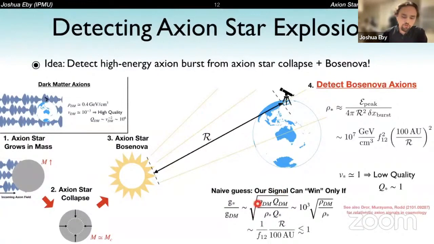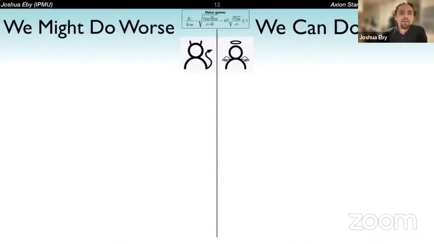So this is the square root of the ratio of energy densities times the ratio of Q factors, which is, by the way, the scaling found by Hitoshi Murayama and his group looking for relativistic axions from cosmological sources, sort of a cosmic axion background. And if you again plug the numbers here, you find that this ratio is only smaller than 1 when explosions are relatively nearby. So this doesn't look so good, but hear me out.